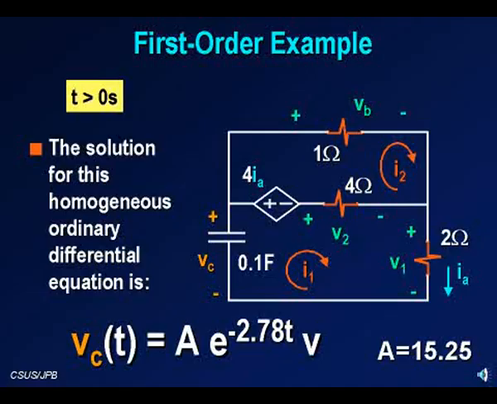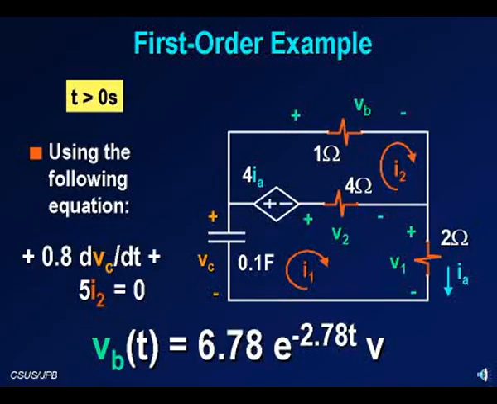So A is equal to 15.25, which is the value of the capacitor voltage at t equals 0. Having done that, we can solve for I2 using one of the KVL equations from some time back. And of course, if we know I2, VB is simply 1 ohm times I2, and then our problem is solved.